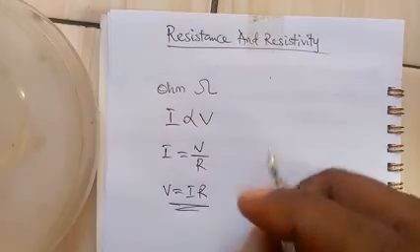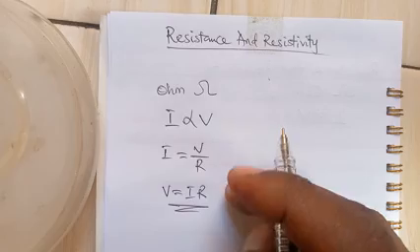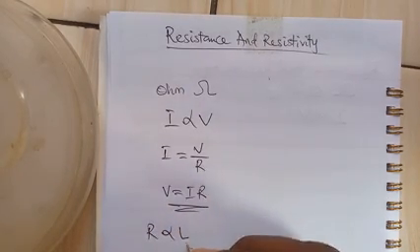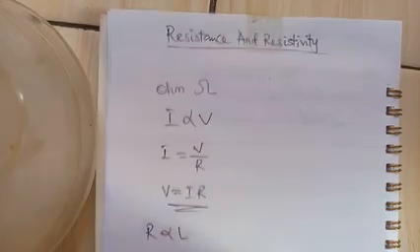It is also experimentally discovered that resistance of a wire is proportional to the length. R is proportional to the length of a wire and inversely proportional to the cross-sectional area.